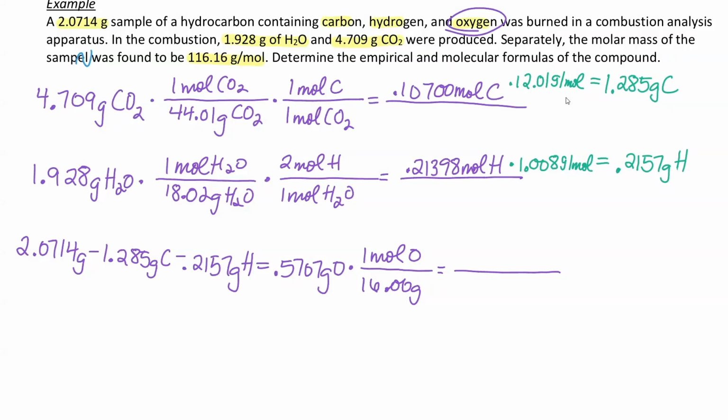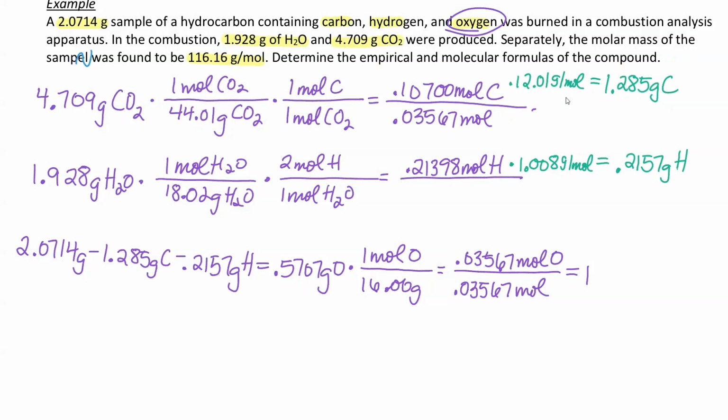This one is going to turn out to be our smallest number of moles, 0.03567 moles of oxygen. At this point, it's just a straight empirical formula problem, like we've already been doing. We're going to divide by the smallest number of moles, 0.03567. That gives me 1 here.